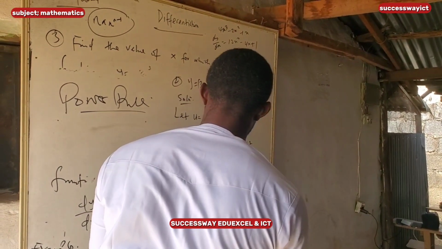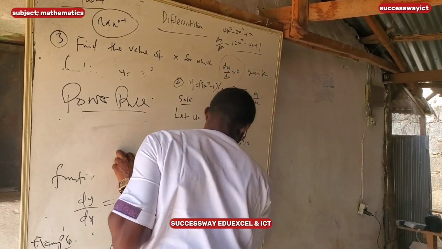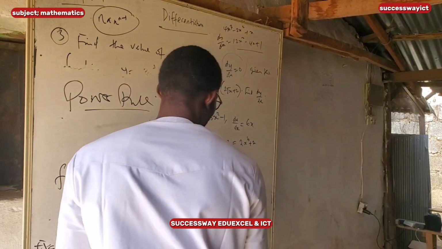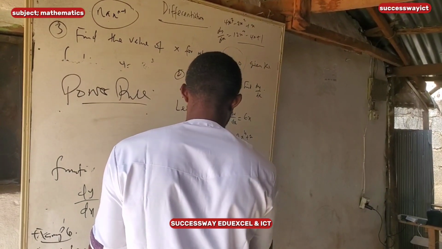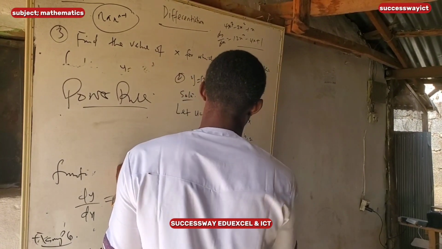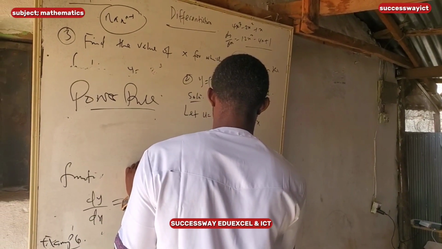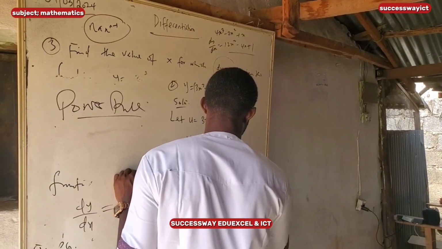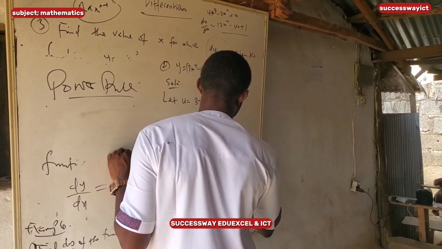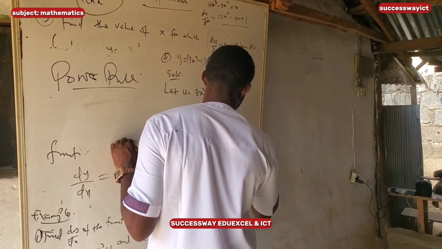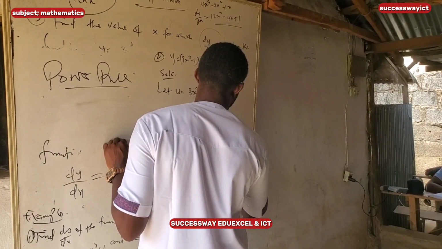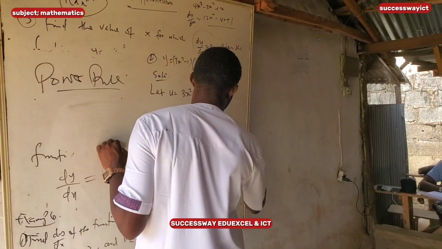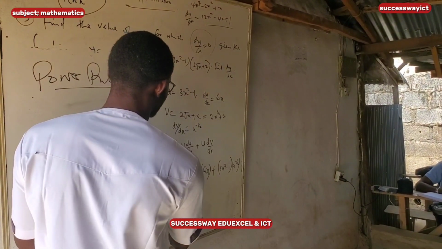At the end of the day, you're going to have dy dx equal to v multiplied by 6x plus u multiplied by this.